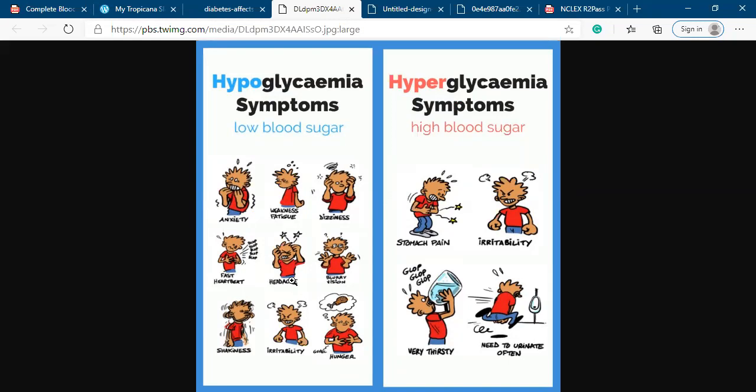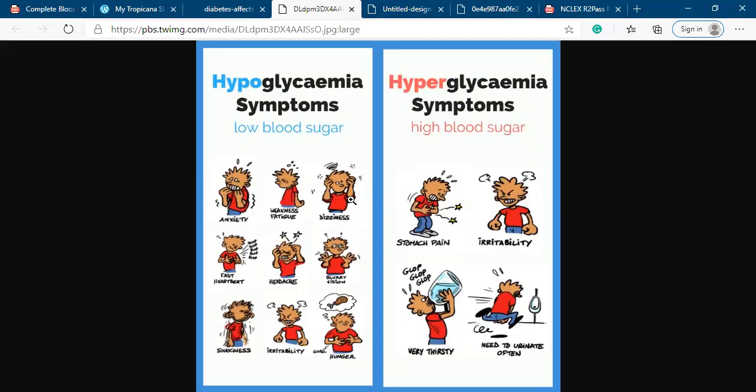They feel headache or diaphoresis, meaning sweating, pale or cool skin, tachycardia, increased heartbeat, or decreased level of consciousness, and feel dizziness.